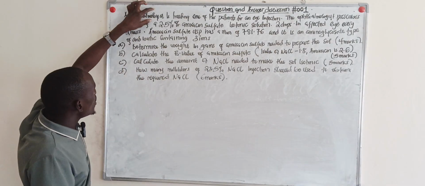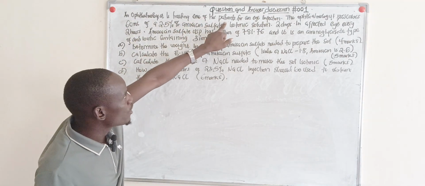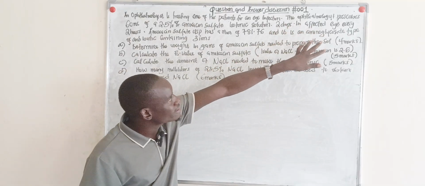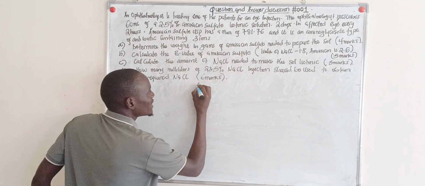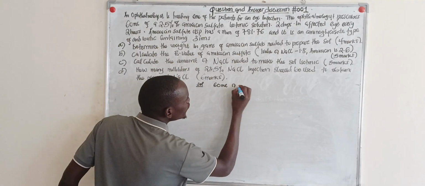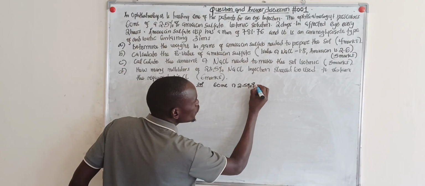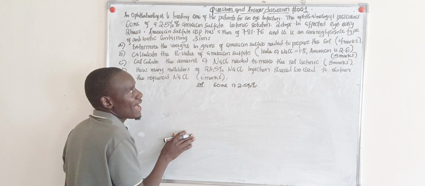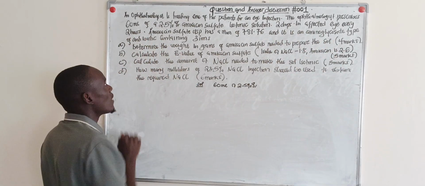An ophthalmologist is treating one of his patients for an eye infection. The doctor prescribes 60 mils of 2.5% weight in volume amikacin sulfate isotonic solution, and they are supposed to give 2 drops in the affected eye every 2 hours.